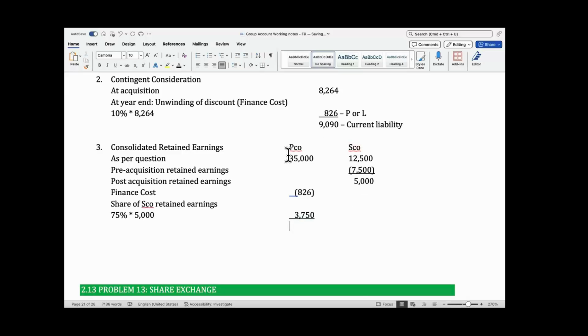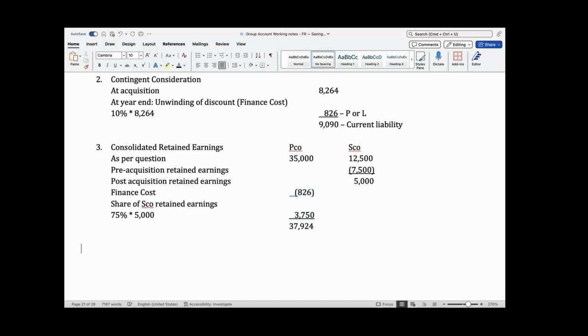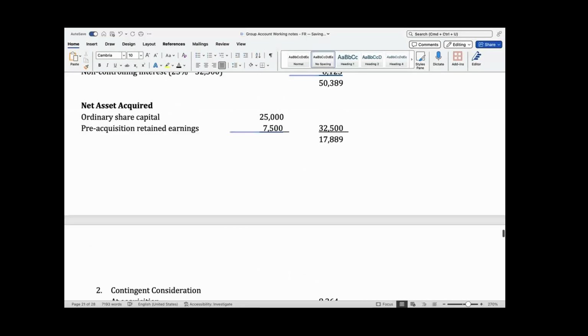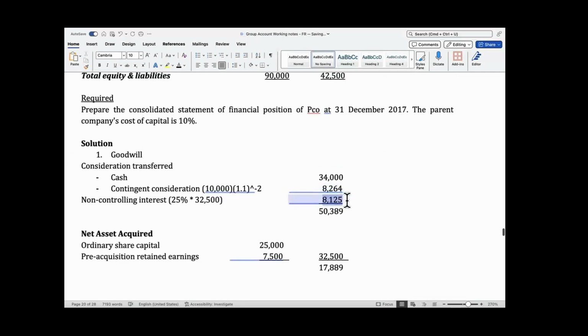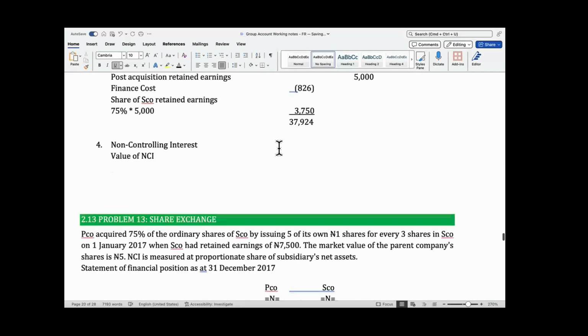So what's the addition? This minus this plus this. That's 37,924. Then my non-controlling interest. Based on the setup I've done up here, I've already established the value of my NCI to be 8,125.